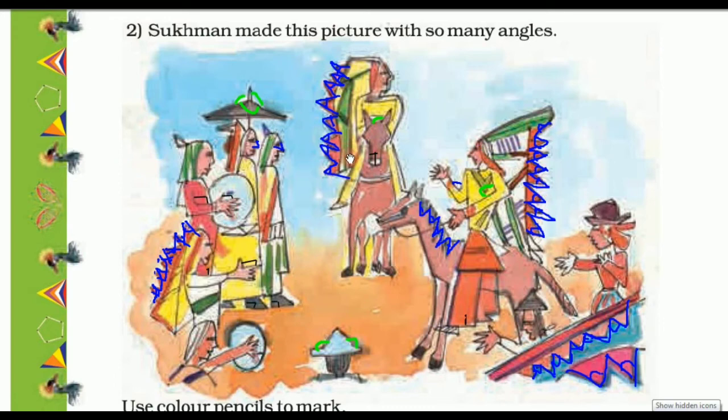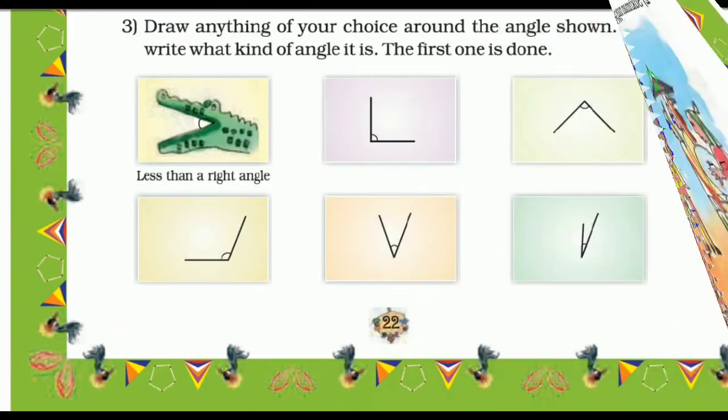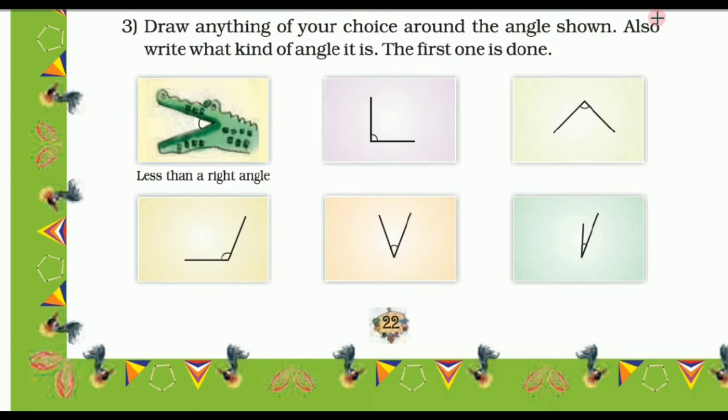Okay, let's move on to the next question. Question number 3. Draw anything of your choice around the angle shown. Also write what kind of angle it is. The first one is done.